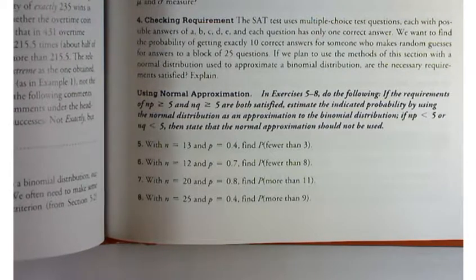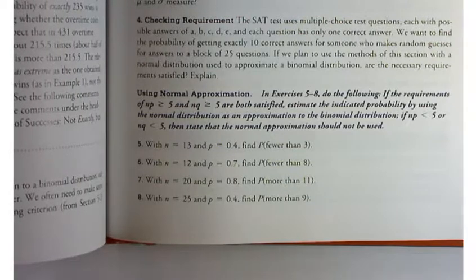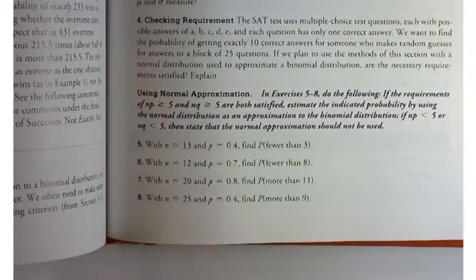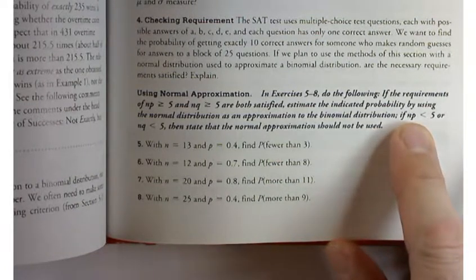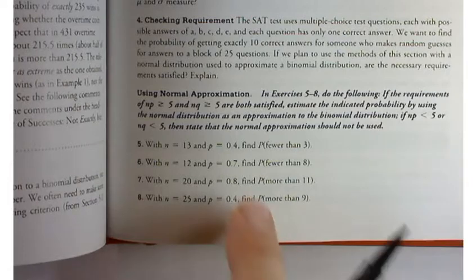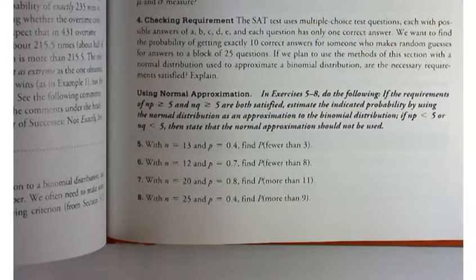If the requirements of np and nq are both satisfied, estimate the probability by using the normal distribution as an approximation to the binomial distribution. If np or nq is less than 5, then state that the normal approximation should not be used. At that point, you'd have to do other things like actually just use the binomial distribution itself. So we'll start with problem number 6.